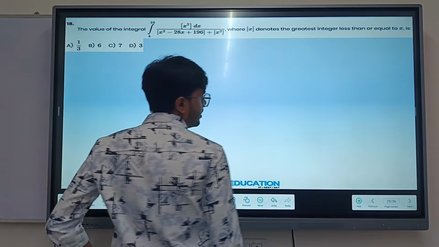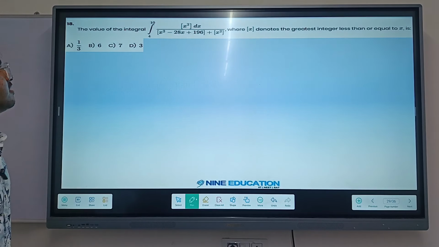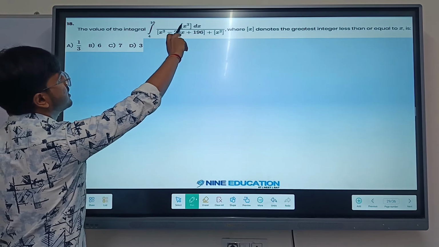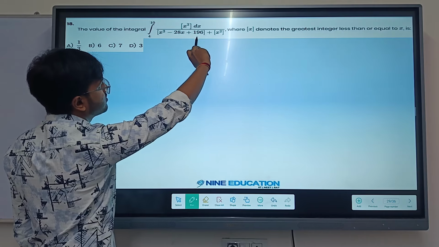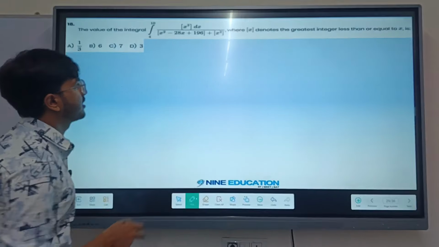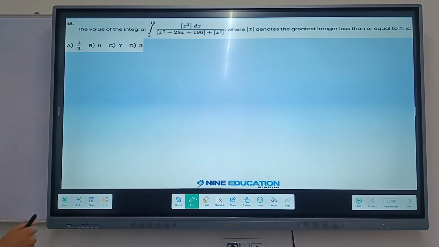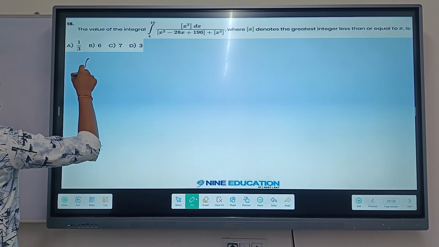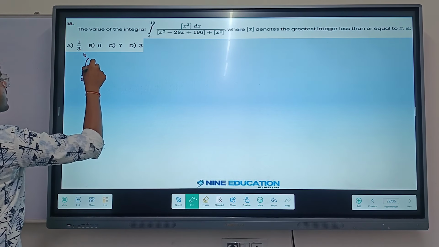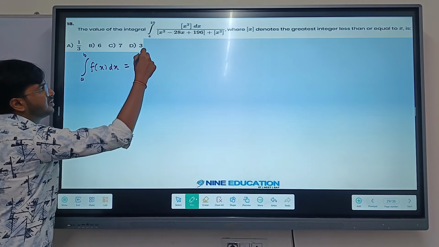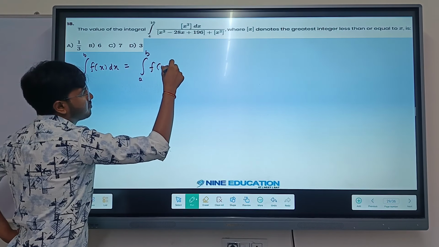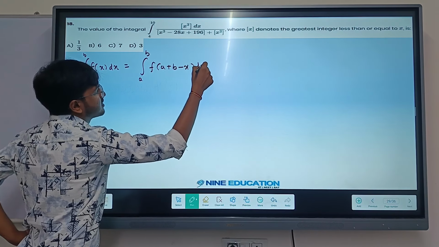Okay, next question. The value of integral from 4 to 10 greatest integer of x square divided by greatest integer of x square minus 28x plus 196 plus greatest integer of x square. Again we'll use the same property. Which property? If I have integration a to b f of x dx, I can write it as integration a to b f of a plus b minus x dx.